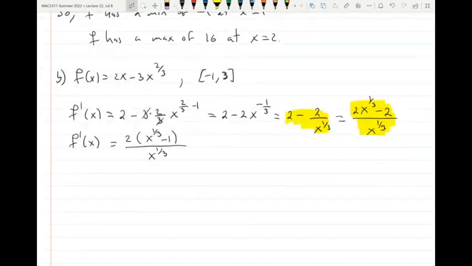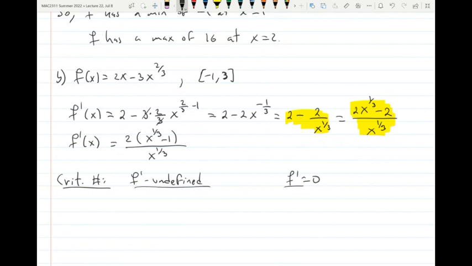Now we're going to find the critical numbers. Remember, they will come from two places: where the derivative is undefined and where the derivative is equal to 0. This time we see the derivative is undefined at x equals 0 because that makes the denominator equal to 0, so that's a point that we need to consider. And f prime equals 0 comes from the top.